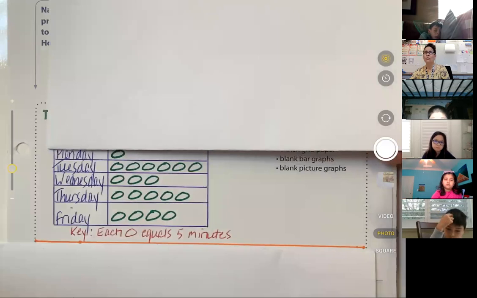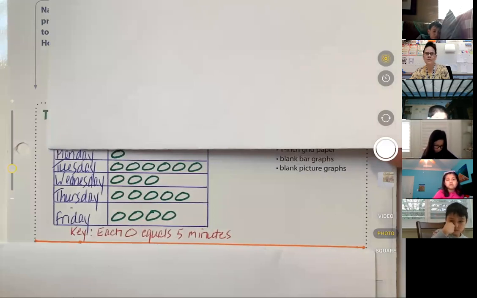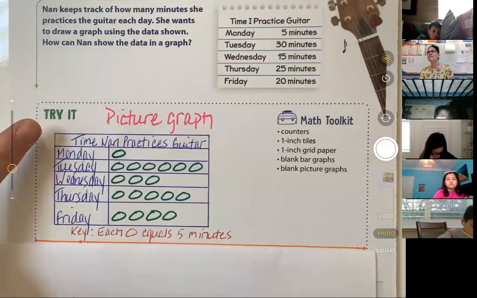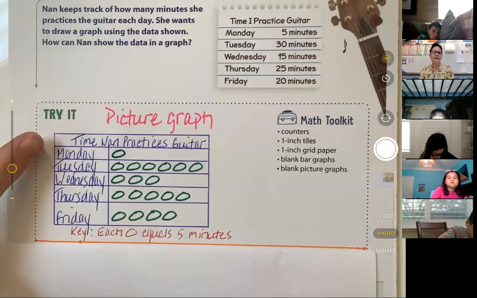You're not going to know what you're reading. You're going to see days of the week in circles, and you're going to be like, what? What am I looking at right now? It's like the title of a book. You need to know what this is about. So that's where the title comes in, friends. It's like, oh, got it. Okay. Time Nan Practices Guitar.